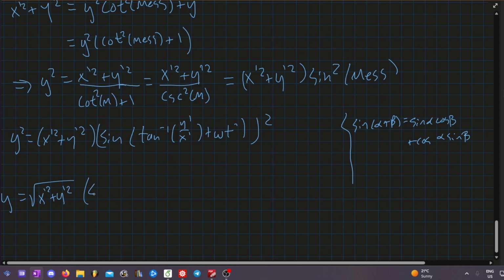So we're going to have sine of inverse tan of y prime over x prime times cos of omega t prime plus cos of tan to the minus 1 y prime over x prime times sine omega t prime.